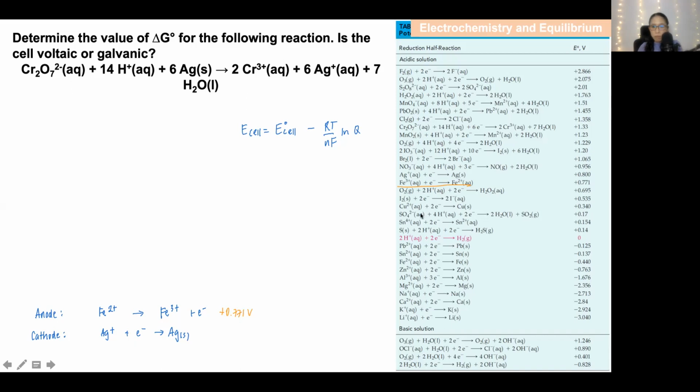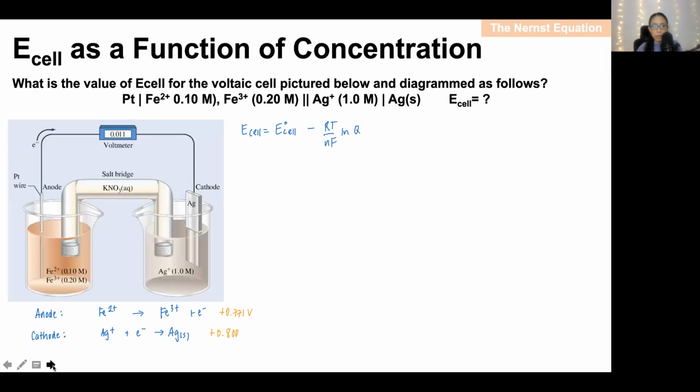And for our cathode, that's silver, so that's positive 0.800. Okay, we've taken note of that. Let's go back to our slide. So why did we get the standard reduction potential values? Because we need to get the standard cell potential. It's needed in the formula.